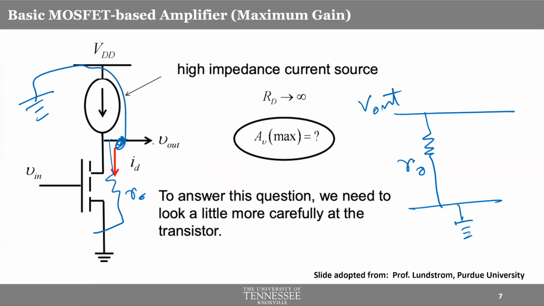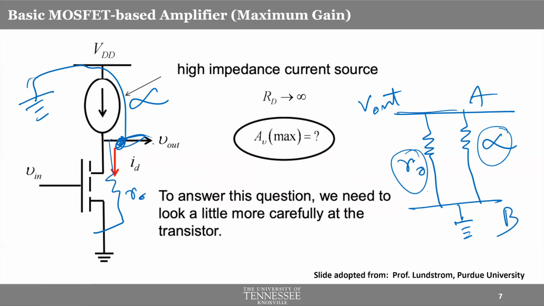Between Vout and ground, you have another infinite resistor. This is an equivalent representation. Whenever two resistors are between the same two nodes, say A and B, we can say that they are in parallel combination.